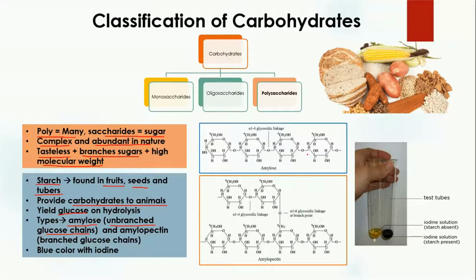Here you can see this is amylose, and here the glucose molecules are combined together with each other in a straight line or in an unbranched manner. The other type of starch is amylopectin, which is a branched glucose chain. Here you can see these are glucose molecules which are bound with each other.